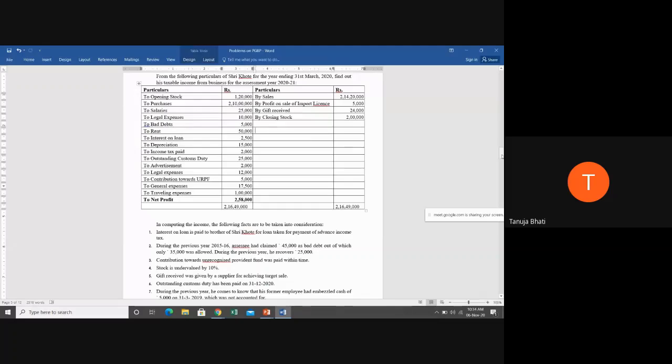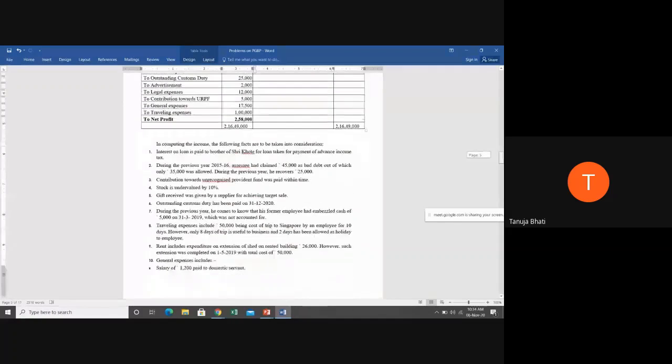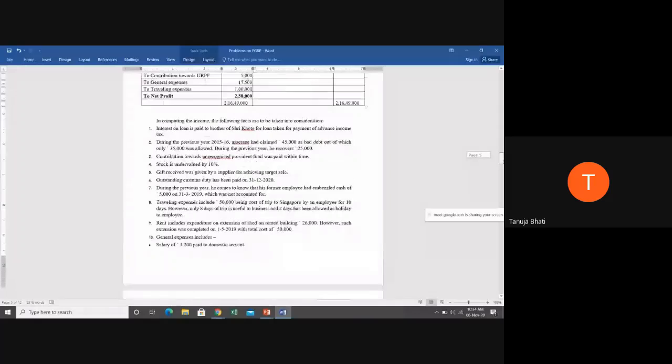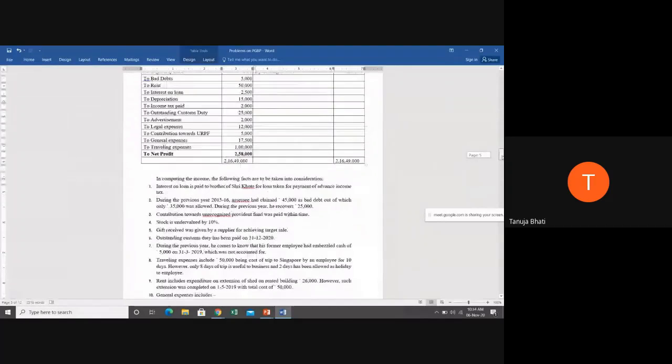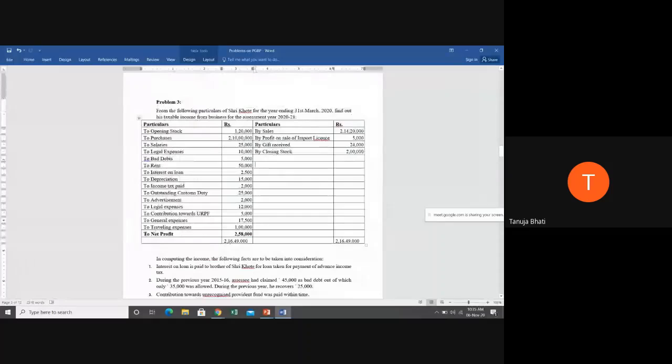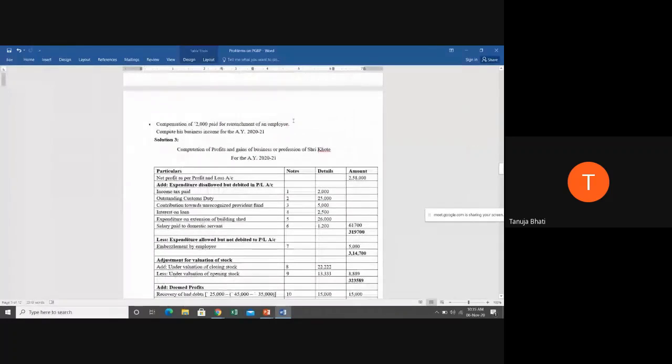Okay, so before starting the problem, let us see that first in the main answer we need to take the net profit as per P&L account, which is given as 2,58,000. So we begin the main answer as computation of profits and gains of business or profession of Shri Court for the assessment year 2020-2021.